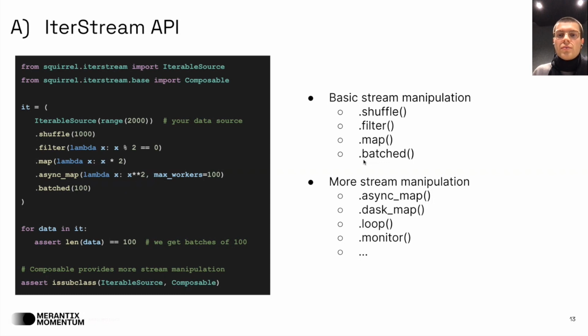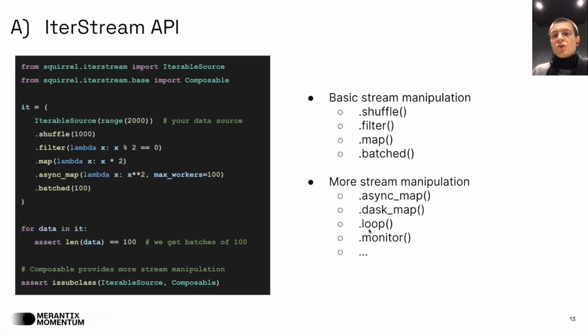There are several more advanced ones. Async map I've already touched upon. Dask map is a great one. So if you have very, very expensive computations, you can offload them to a whole different cluster with Dask. Dask is essentially a software that helps you with computing in the cloud.